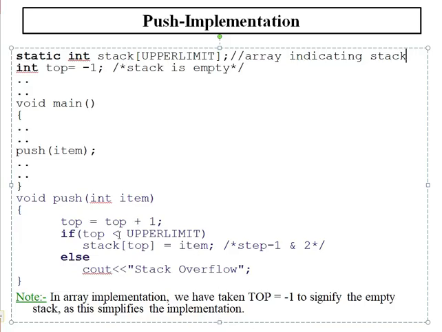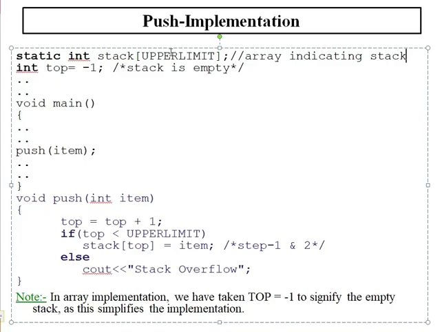So when the top is equal to 0, that means the top is representing the first slot of the array. Now, before putting the element on top of the stack, first we should check if the top is less than the upper limit.